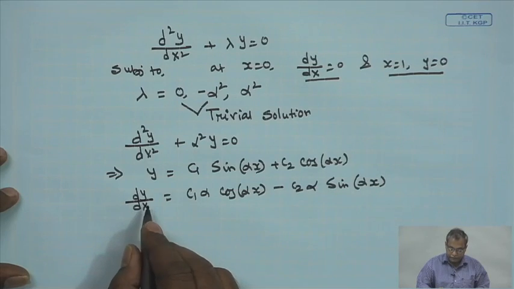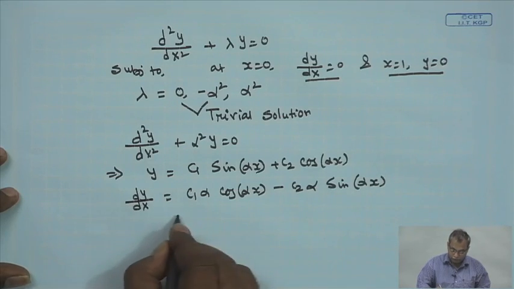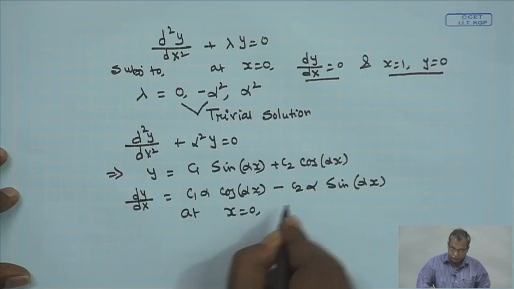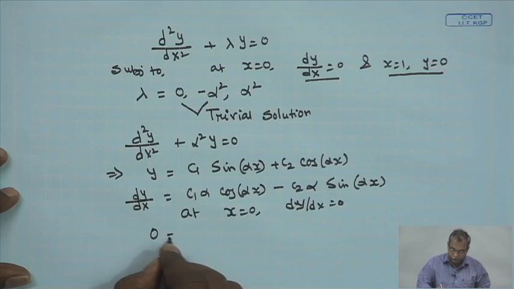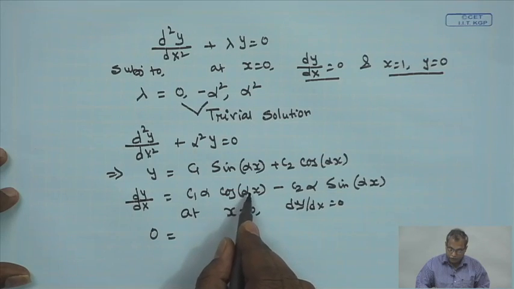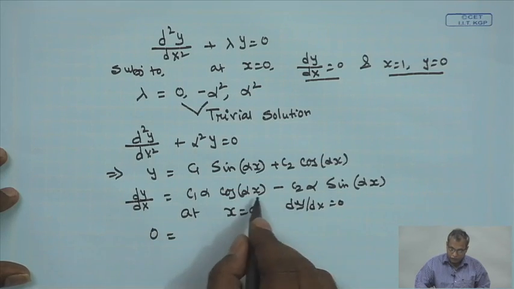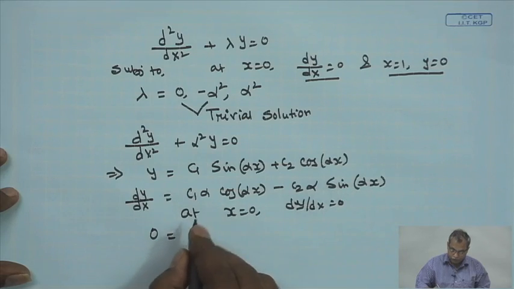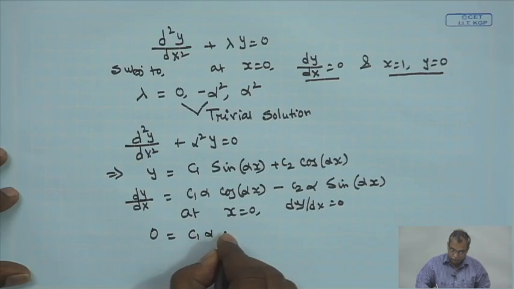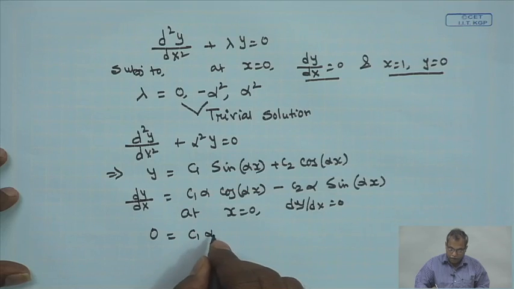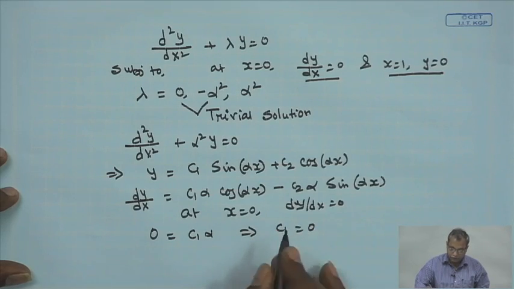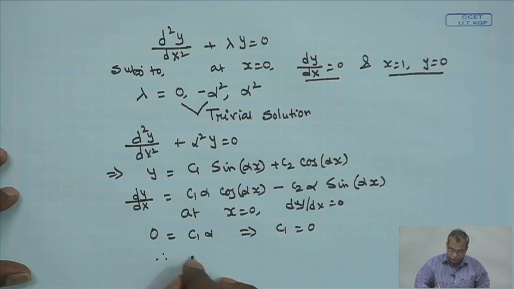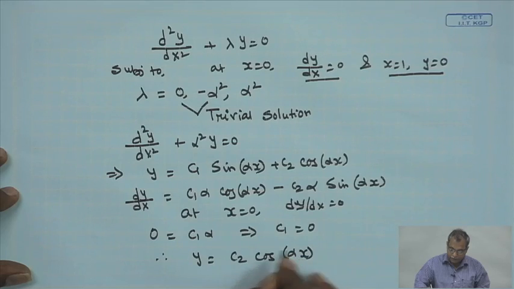At x equal to 0, cos 0 is 1 and sin 0 is 0. So, we have c1 alpha equal to 0. For a non-trivial solution, alpha is not equal to 0, which means c1 is equal to 0. Therefore, y equal to c2 cosine alpha x is the solution.